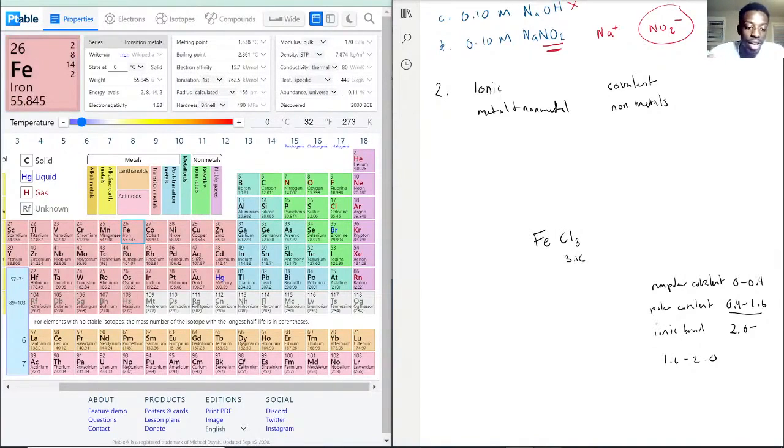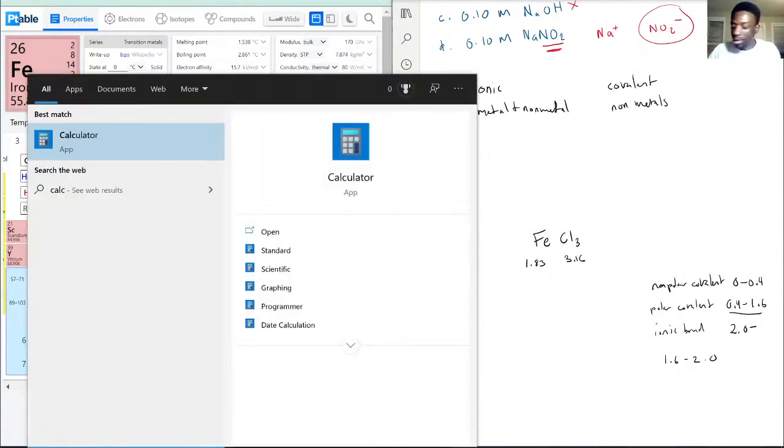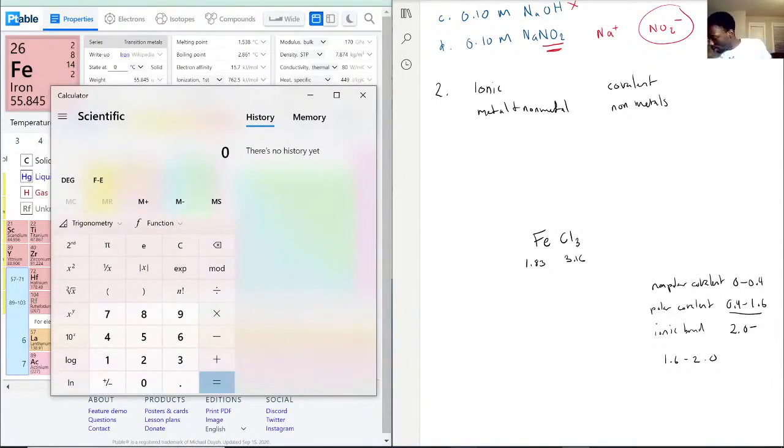So iron actually has an electronegativity of 1.83. Okay? And now, let's just do some quick calculations here. 1.83, 3.16. That's around, okay. Give me a quick second here to make sure. I know I have a calculator here somewhere.